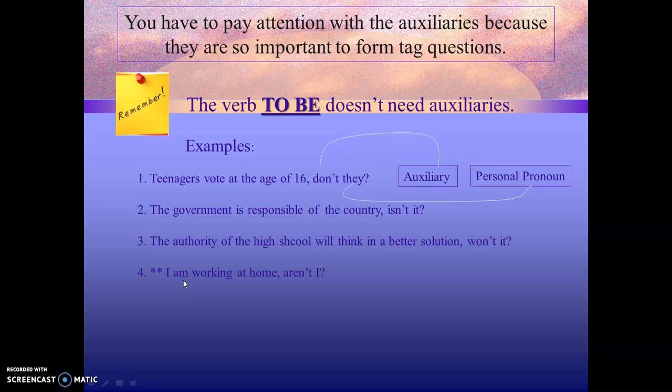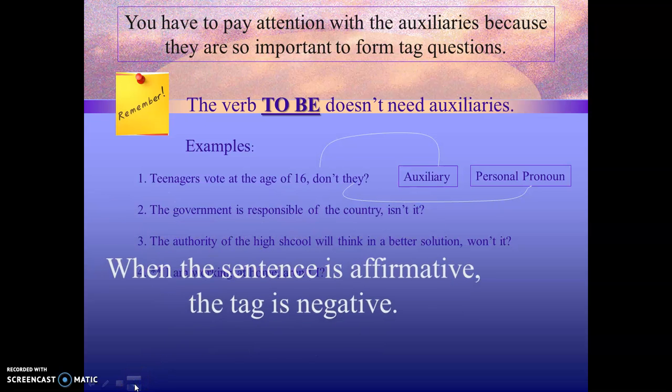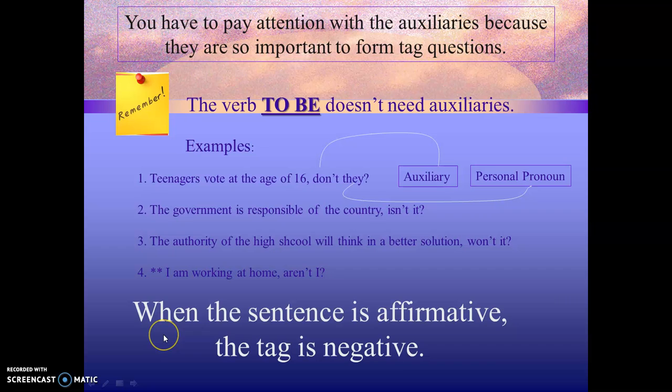Why did this happen? Because remember that in tag questions, when the sentence is affirmative, the tag is negative. If you look at these sentences, all the sentences are in affirmative form. For that reason, the tag is negative. But don't forget, you have to use a comma before the tag question.